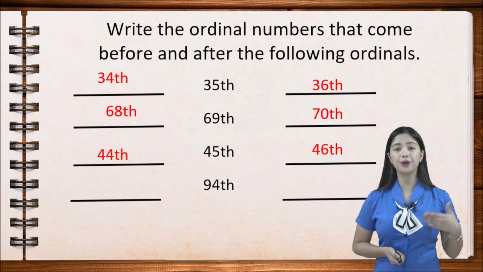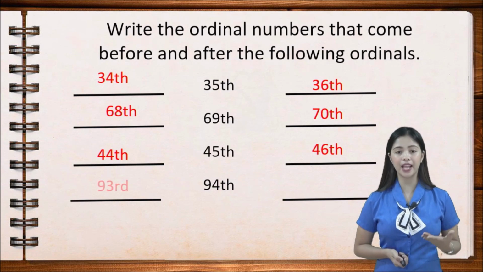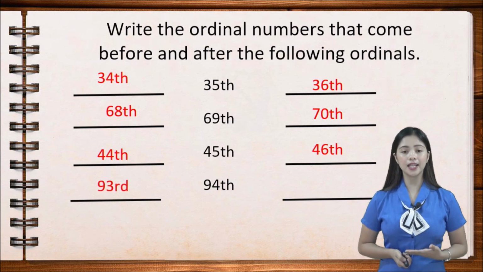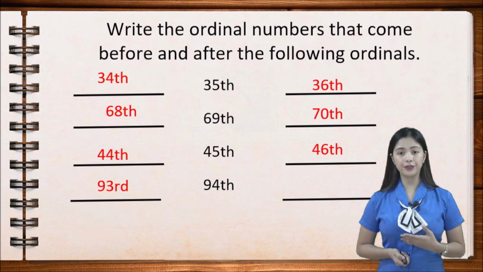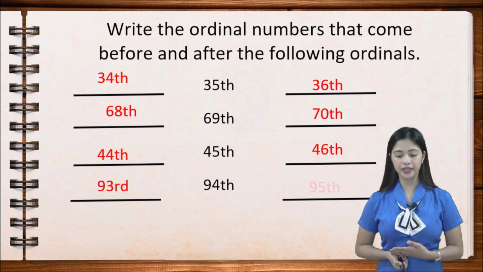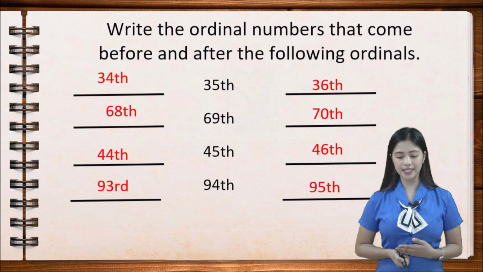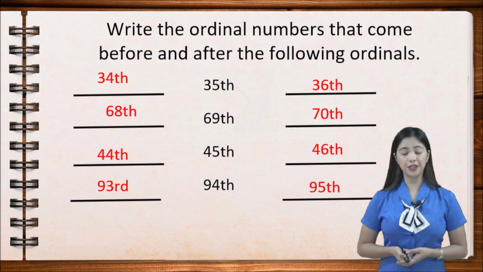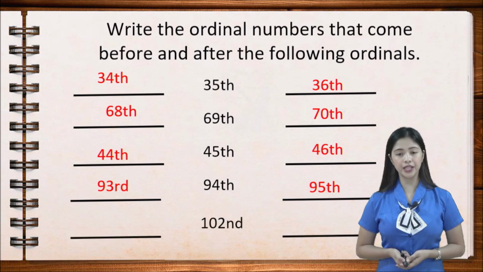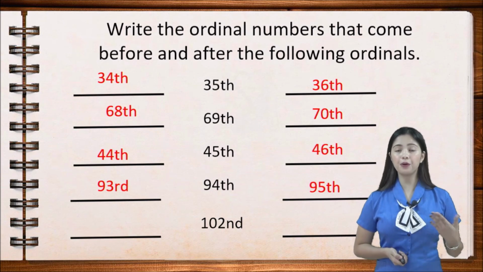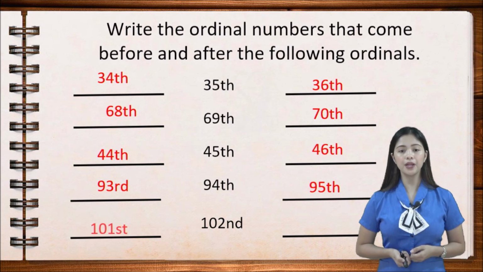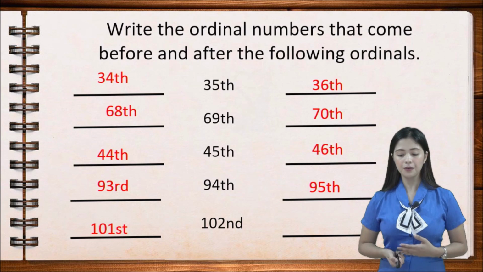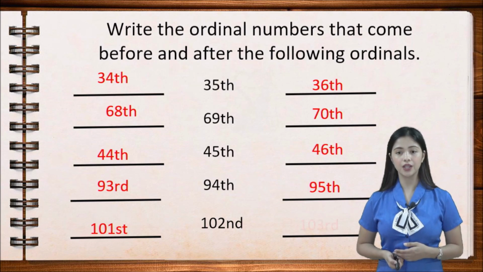Before 94th, we have 93rd. And after 94th, we have 95th. And for the last number, we have 102nd. So before 102nd, we have 101st. And after 102nd, we have 103rd.